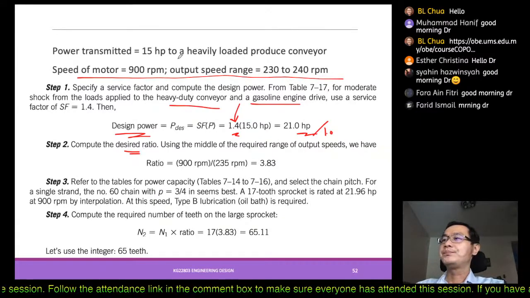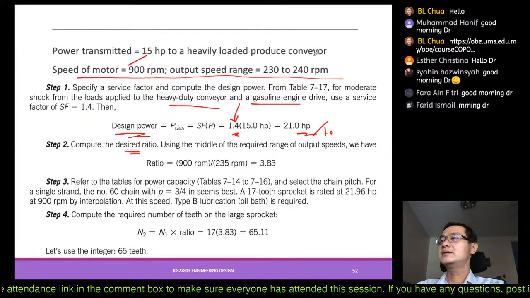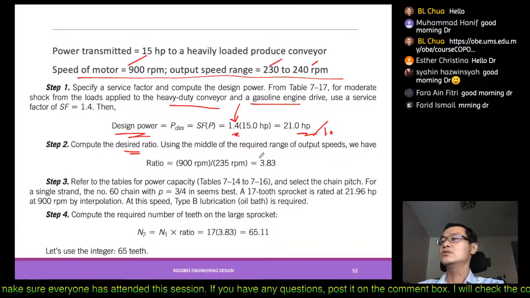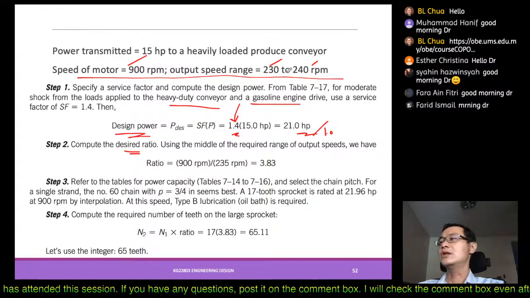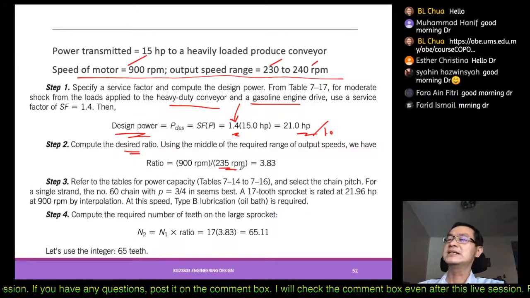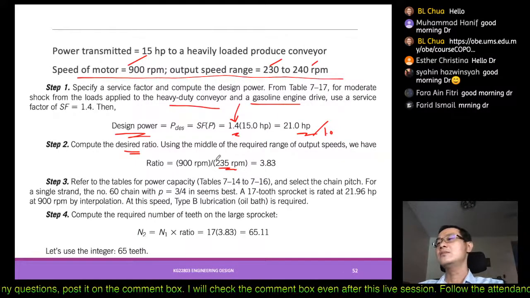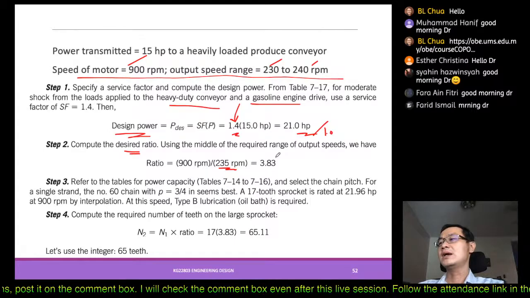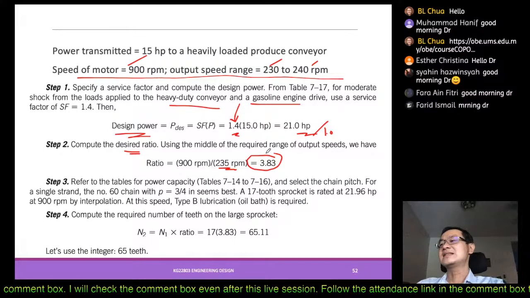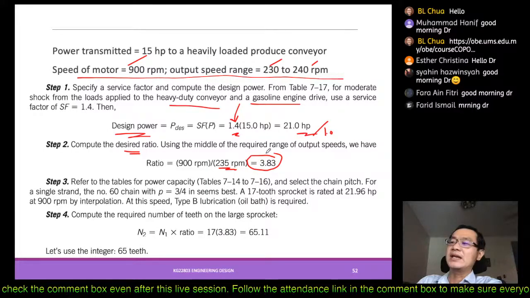So the motor speed is 900, and this is the range that we want. Since it is 230 to 240, we just take a midpoint of them, so we roughly estimate the ratio should be 3.83.